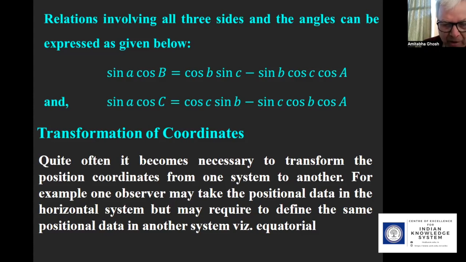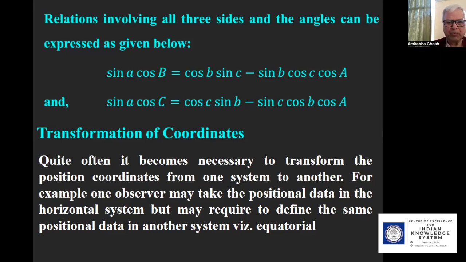It is essential because the horizontal system, which is quite often used because it is very simple and quite obvious, is observer dependent, depending on his position, time, etc. Therefore, it is essential to convert these to another coordinate system which is independent of the observer and other things, which are the permanent features of the objects being considered.